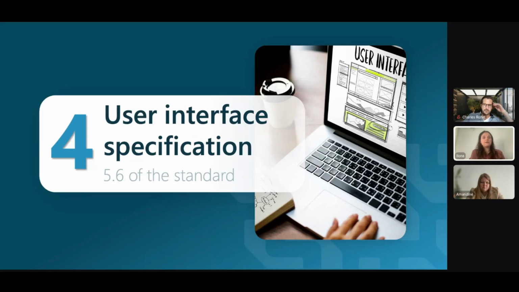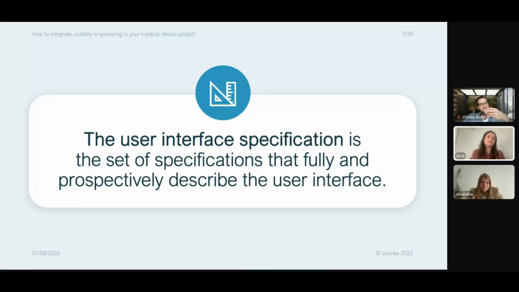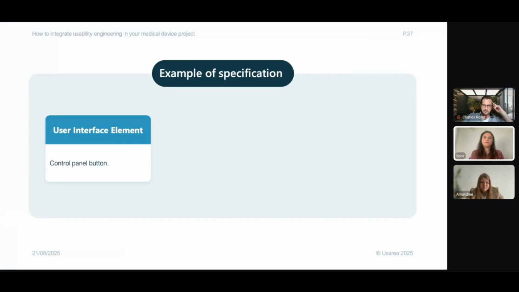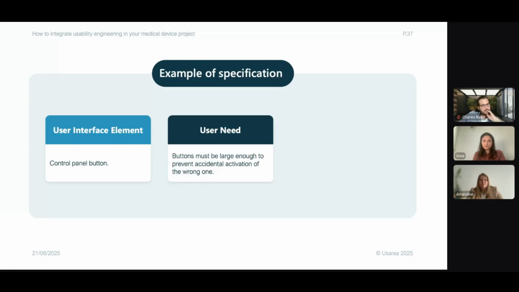Okay. Then we have the user interface specification. So it's a set of specifications that fully and prospectively describe the user interface. More precisely, if we take an example, let's take the control panel button on your interface.